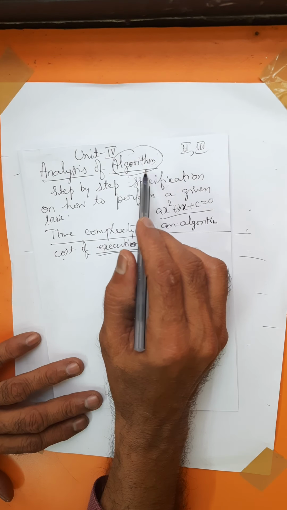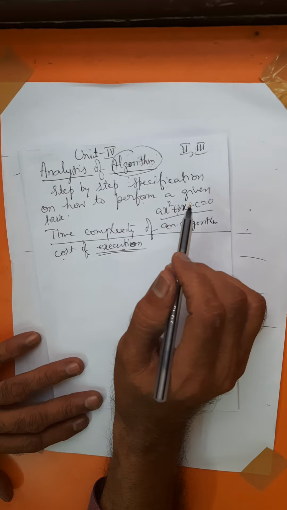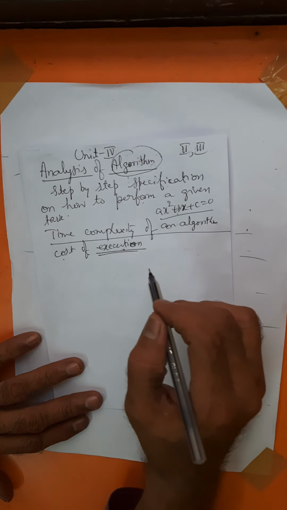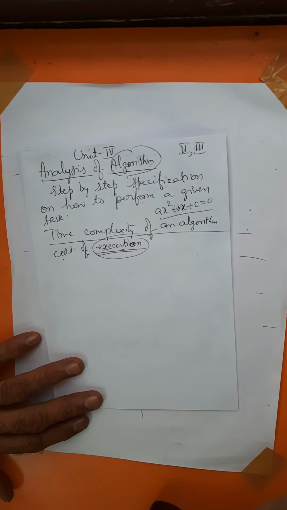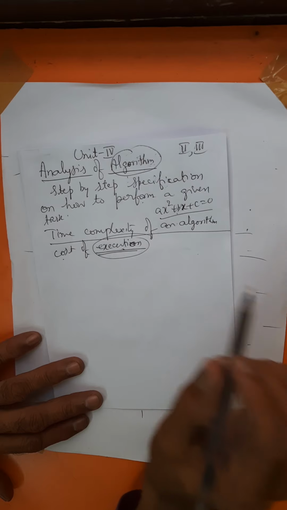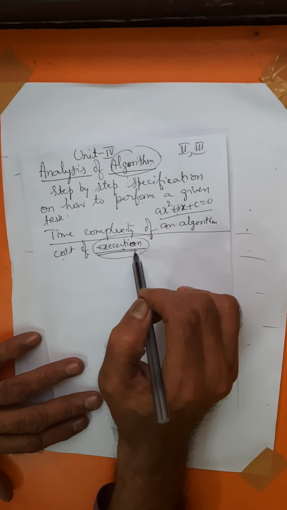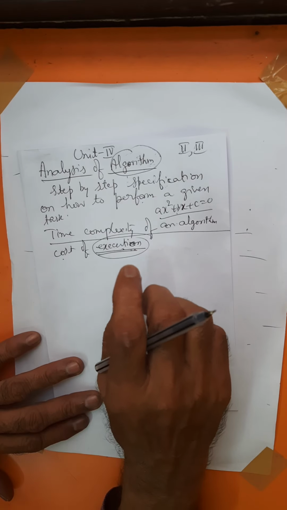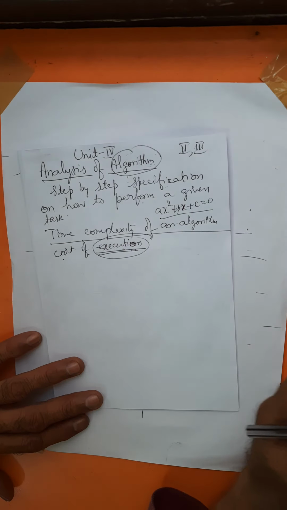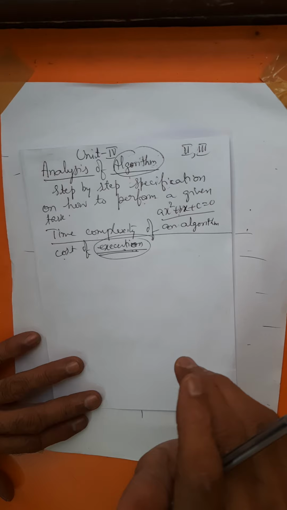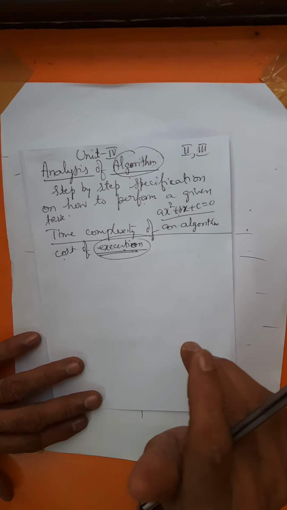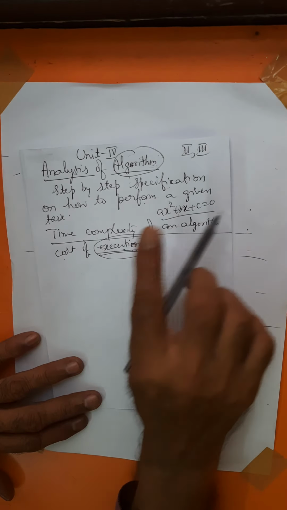the most important factor is the time taken for execution of the algorithm. To take action, that is the execution here. The most important factor is the time taken for the execution of the algorithm.